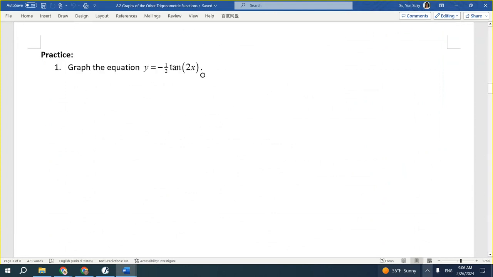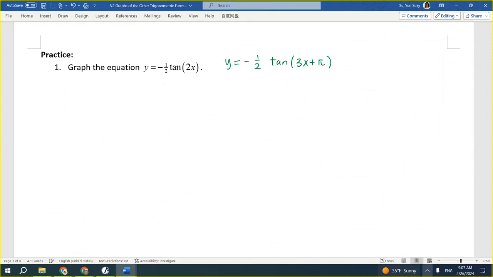Let's do y equals negative 1/2 tangent of (3x plus pi) plus 4, something like this.